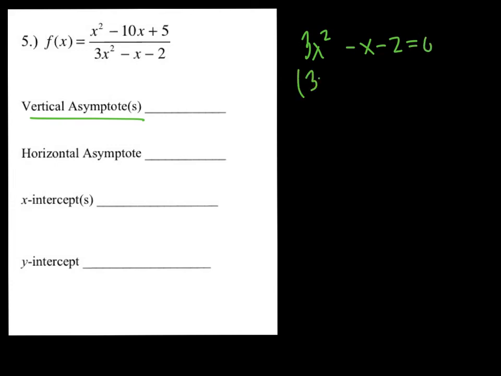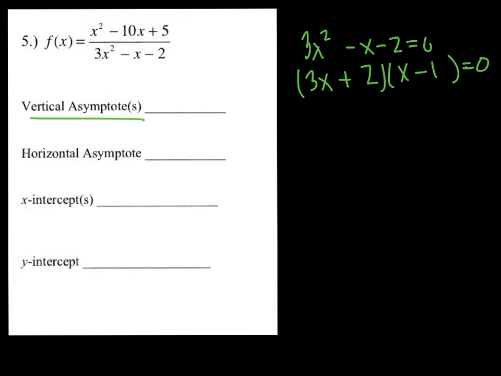Factor it if we can. And 2 and 1. And it has to be plus 2 minus 3.